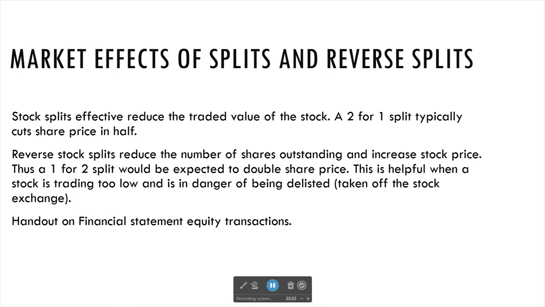You don't want to be delisted, so instead you do a reverse stock split. So you would recall every 2 shares of stock and give them 1. All right, so it's kind of the reverse. Instead of doubling the number of shares, you will halve the number of shares.